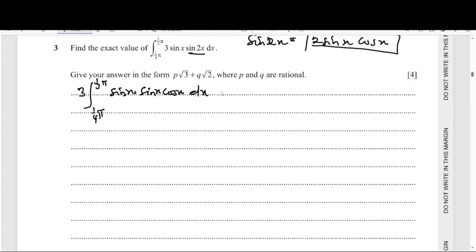Sorry, there was a 2 here that is supposed to be included. It means we are trying to integrate this. The 2 goes outside and multiplies the 3, giving us 6. Then 1/3 pi over 1/4 pi as well. Then here we have sine squared of x and then cos x.